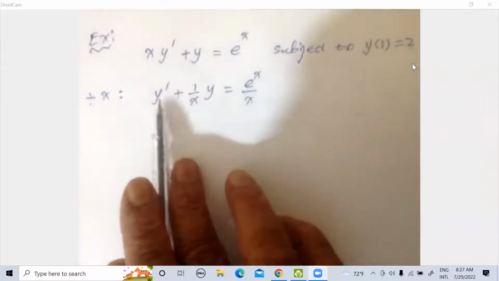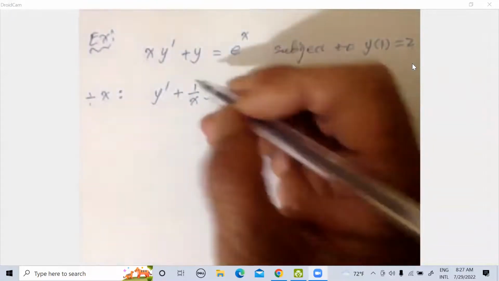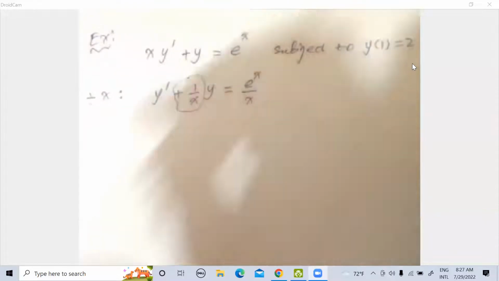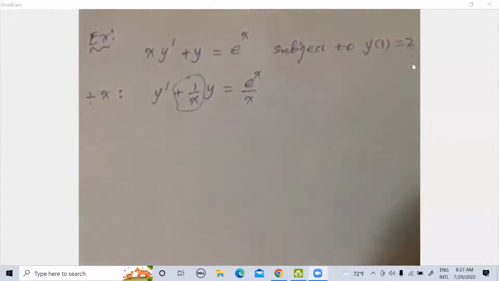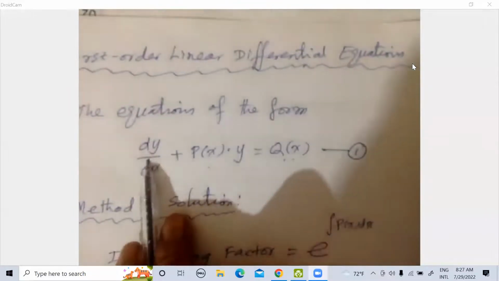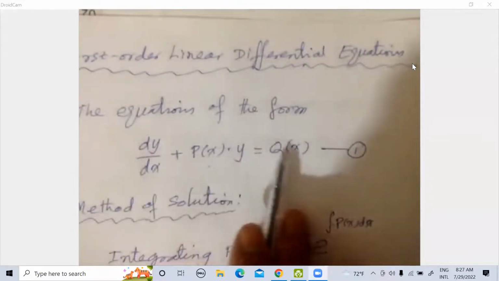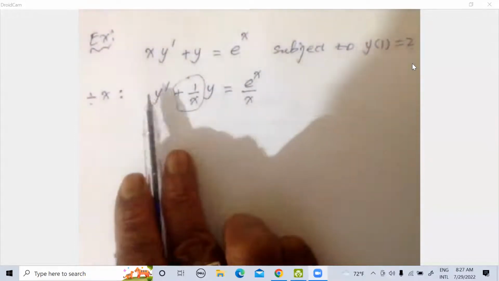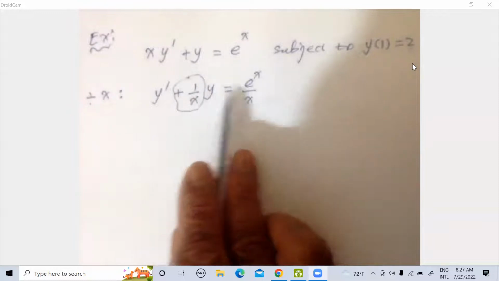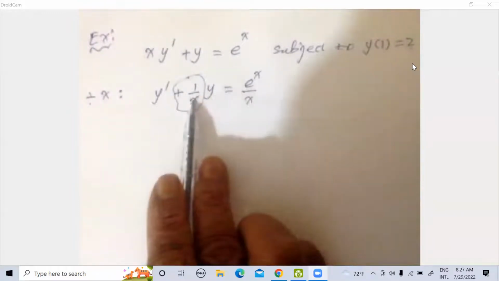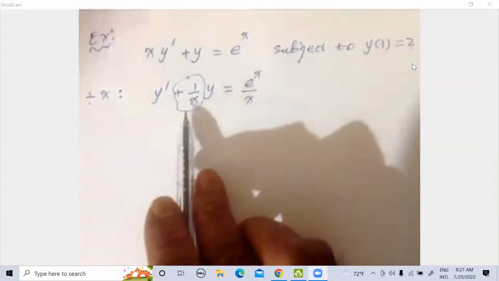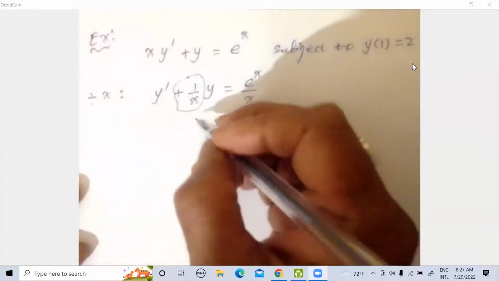So p of x now is what? y dash, meaning dy over dx plus p of x y equals q of x. This is like p of x, this is like q of x. We need to first identify p of x.